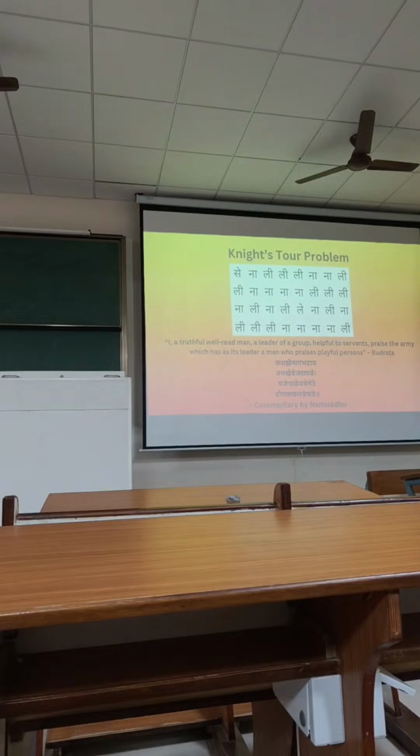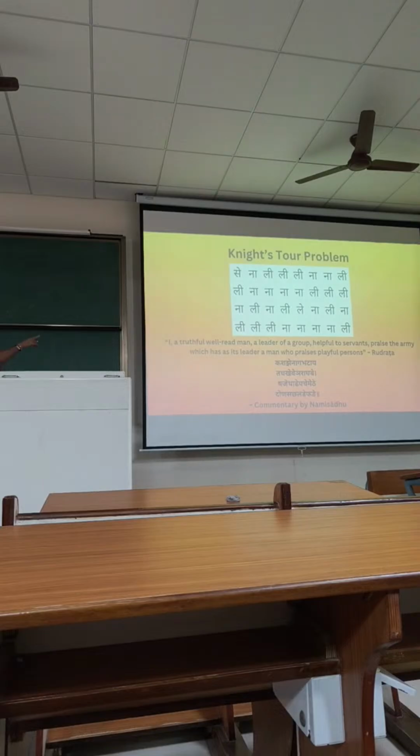Now I went over here, then here, then there. Now I'm stuck. I can't go anywhere, all the places are blocked. So this is the Knight's Tour problem. Can you traverse across the entire chessboard, covering all the boxes and not going on any box twice? So this was the problem.